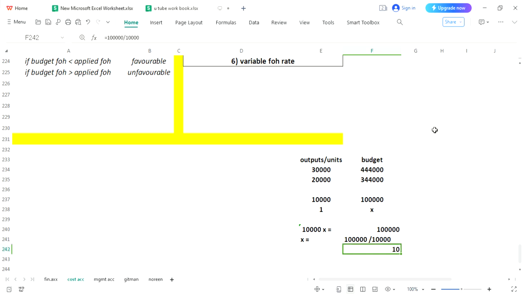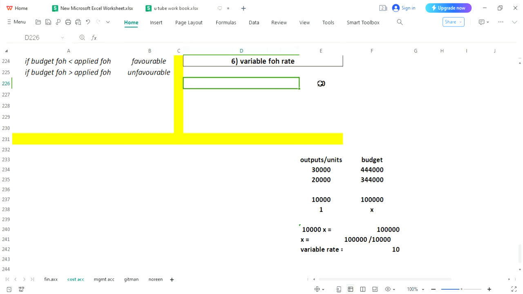Since we have changed the number of units with which cost has changed, it is varying, so the rate which we have calculated would be considered as the variable FH rate. Okay, so the variable FH rate is 10. Without applying the formula, you have calculated the variable FH rate, which is 10.